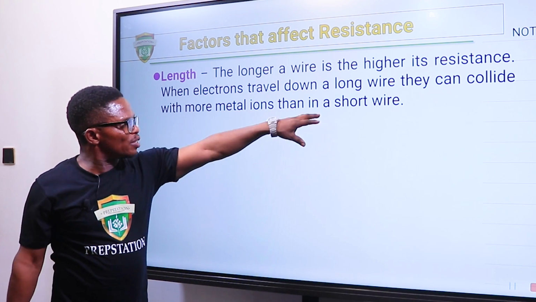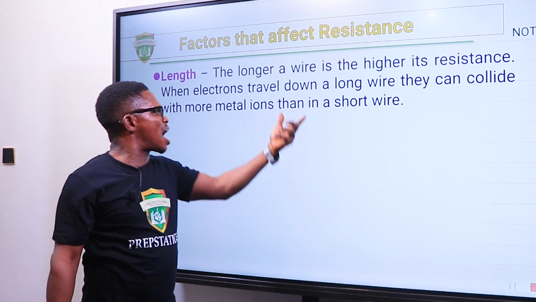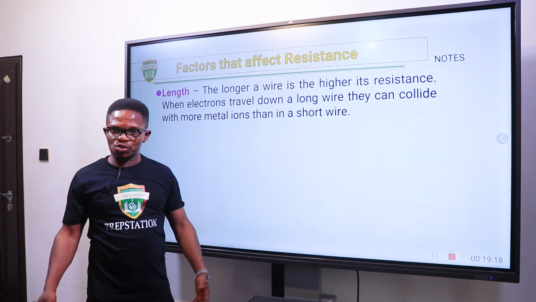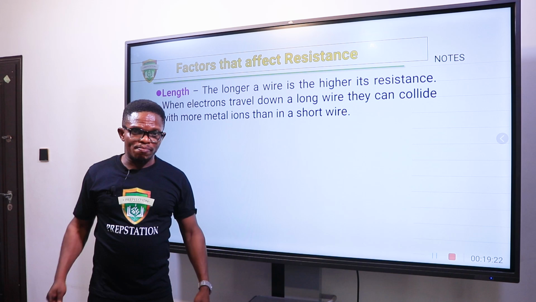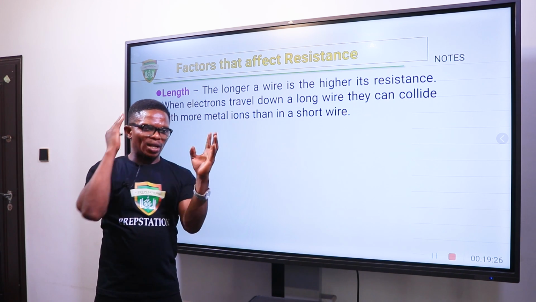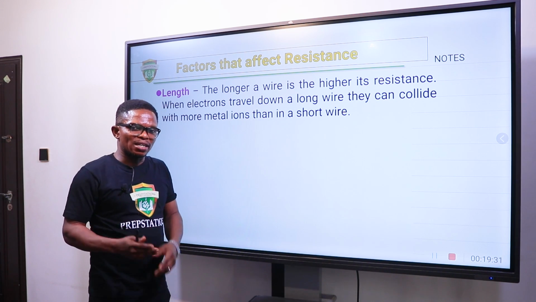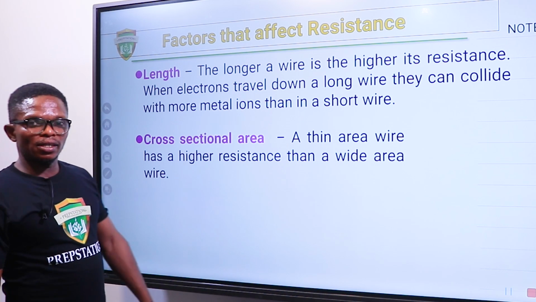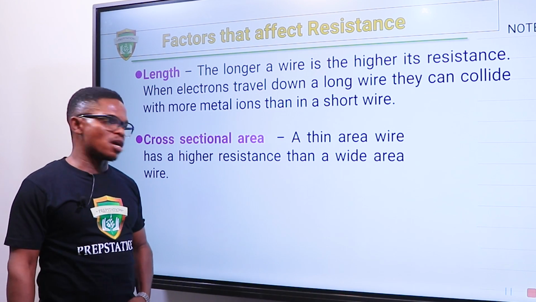When electrons travel down a long wire, they can collide with more metal ions than in a short wire. That's true. So if the length is longer than it is supposed to be, it takes time before the electrons get to the end. They collide with the ions of the metal, thereby reducing the flow. All right, the second factor we want to look at is the cross-sectional area.